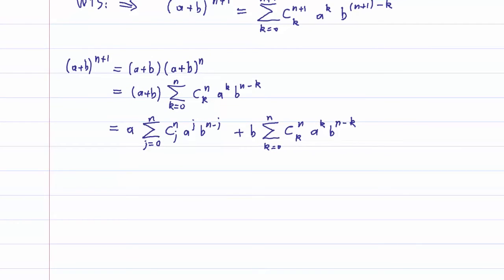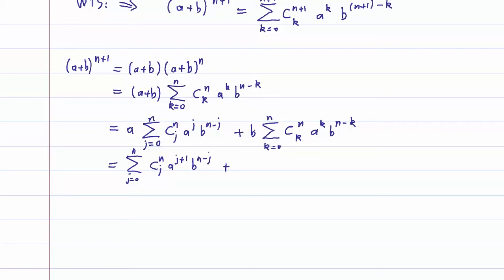Now I'm going to take the a that's here and put it inside the sum. So we have a times a^j. That will be a^(j+1). And b^(n-j), so it doesn't change.